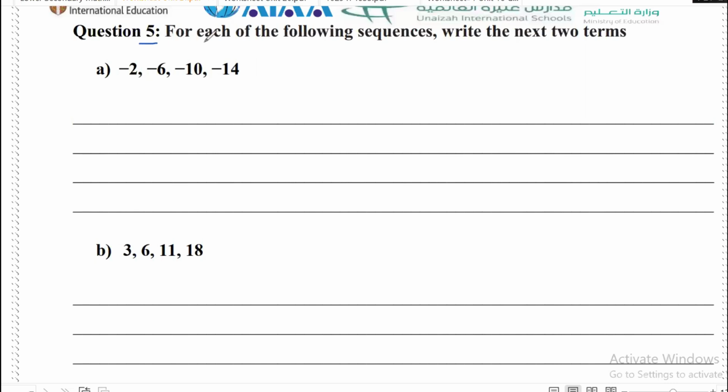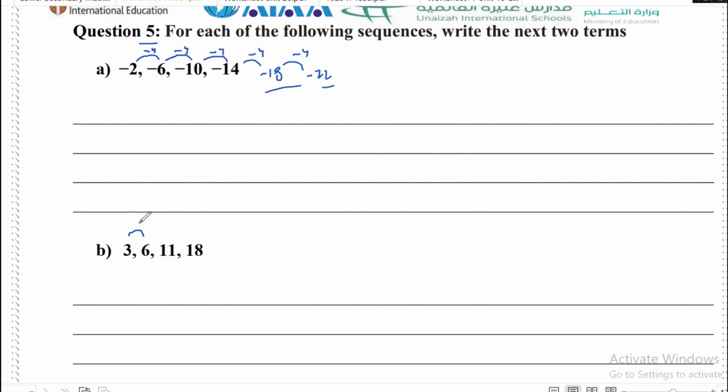Here in question number 5, for each of the following sequences, write the next two terms. If you know the term to term rule, then it is very easy. Like what we add or subtract: minus 2, minus 4 gives me minus 6, then minus 4, then minus 4. It means minus 4, so minus 18. And then minus 4 gives me minus 22. So we write these as the next two terms. So what is the term to term rule in B part?